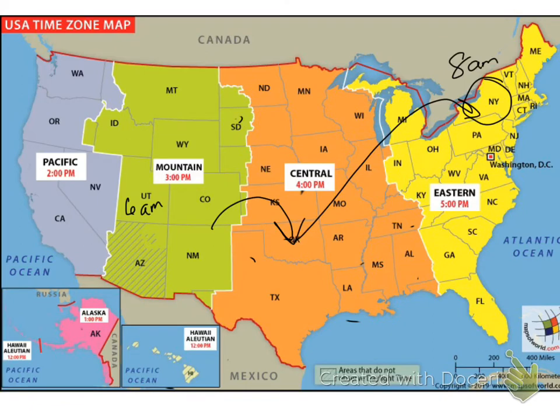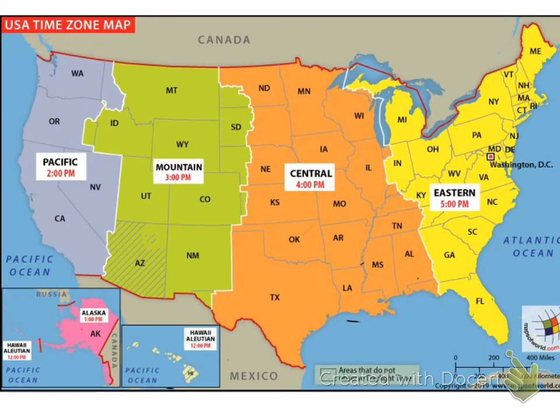All right. So let's say I have a sister that lives in Seattle, Washington. Okay. So Seattle, Washington is up here in Washington. What time zone does she live in? Well, if we look, she's in the Pacific time zone. She's going to call me when she gets home from work at 6 p.m. So what time can I expect it to be here when she calls?